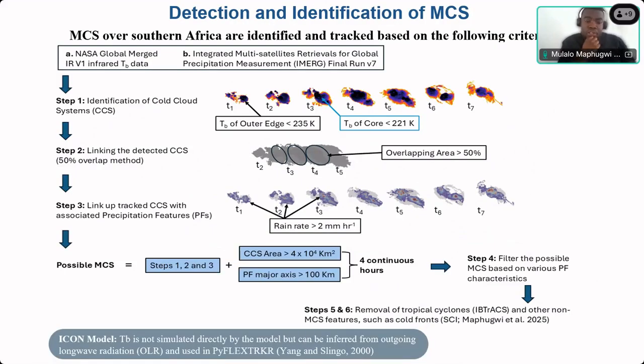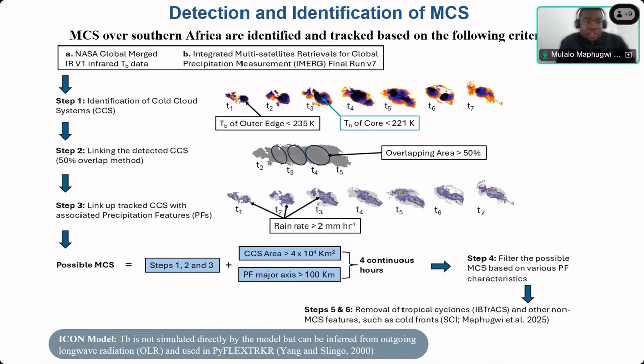So how do you identify mesoscale convective systems? Over the past few years, a lot of tracking techniques have been developed in order to identify these systems, especially over the world. But here, we have used one of the recently developed tracking algorithms called PyFLEXTRKR from Feng et al. 2021.